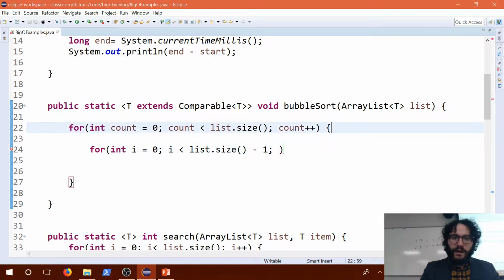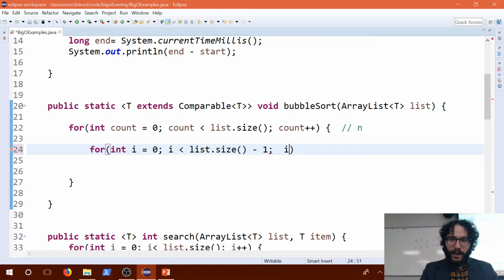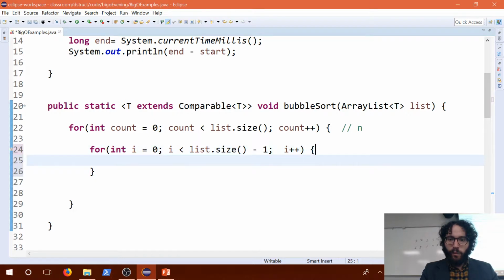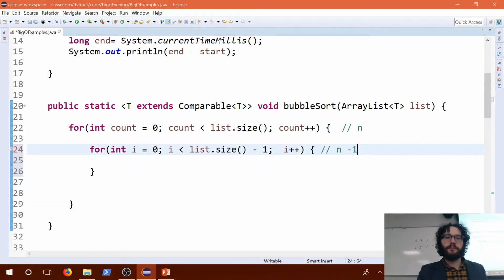So this outer loop will run n times, where n is the size of the list. This inner loop, the way I'm writing it, will run n minus 1 times. That makes sense to everybody?